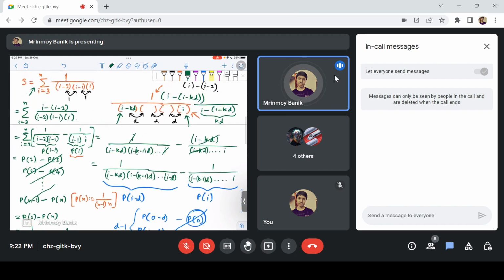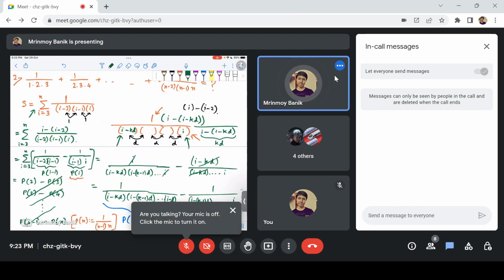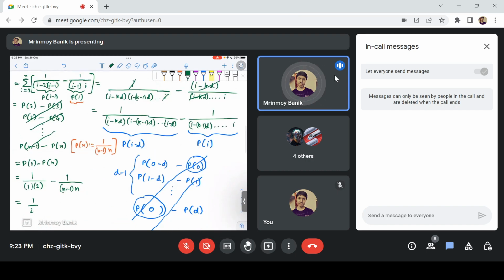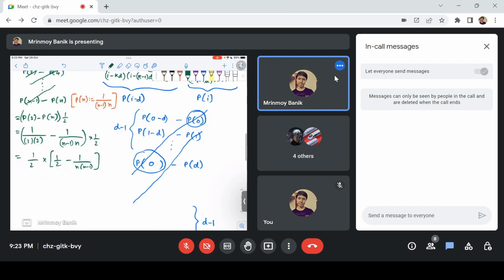Oh, by the way, sorry, I forgot to take the half common from here, since we remember we have to divide and multiply by kd. So kd is 2 here. So here you have a half outside times half minus 1 by n into n minus 1.